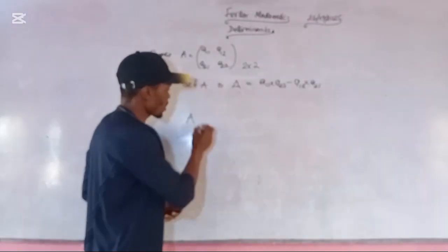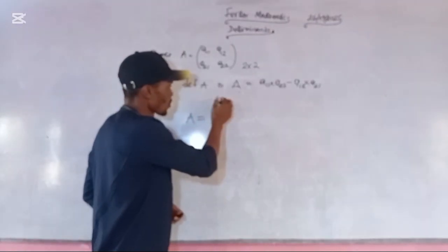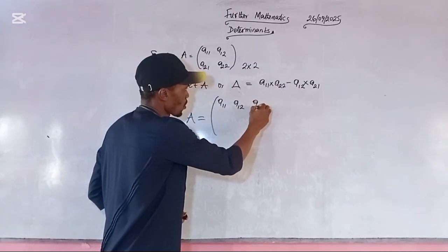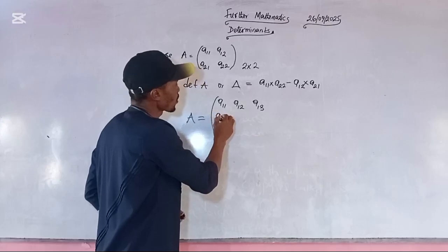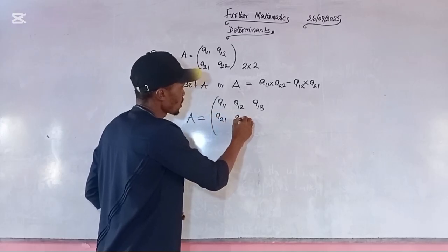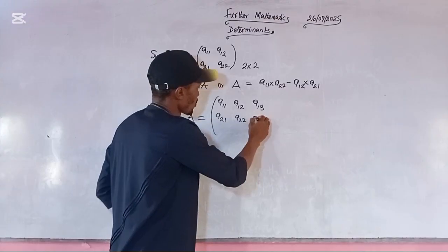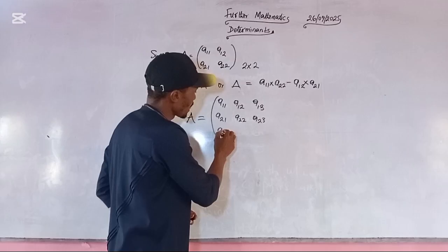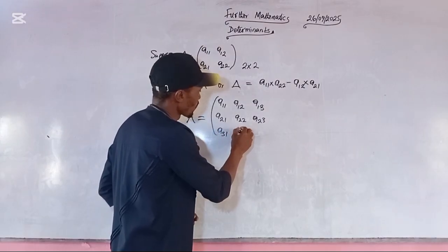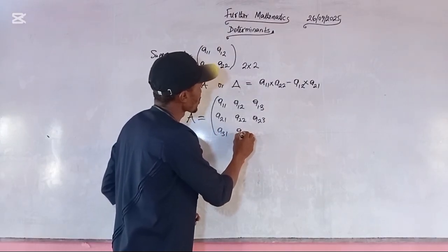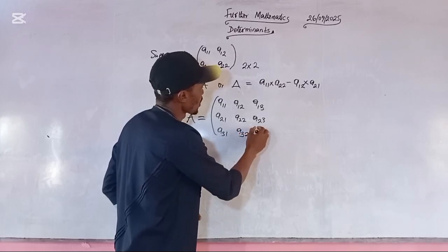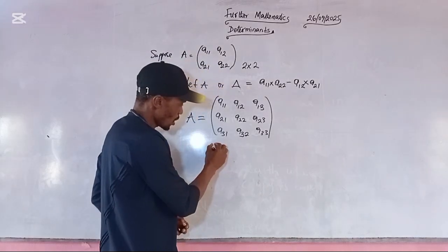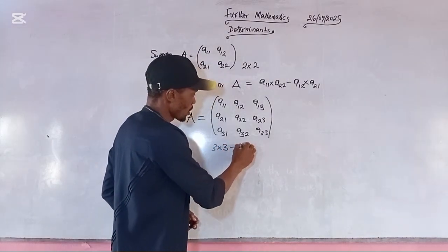If we have matrix A equal to A11, A12, A13, A21, A22, A23, and we have A31, A32, and A33. This is a 3 by 3 matrix.